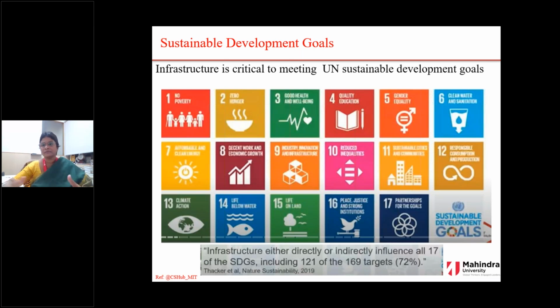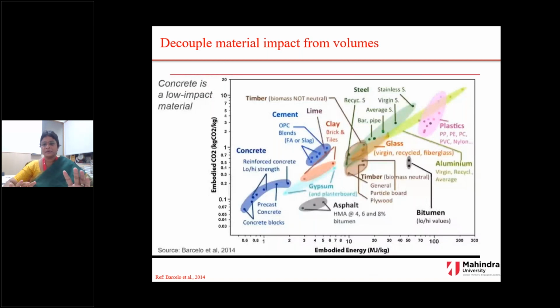And we all know that infrastructure means concrete. Now, this slide gives an answer to a statement that concrete is not sustainable, or concrete is not green.